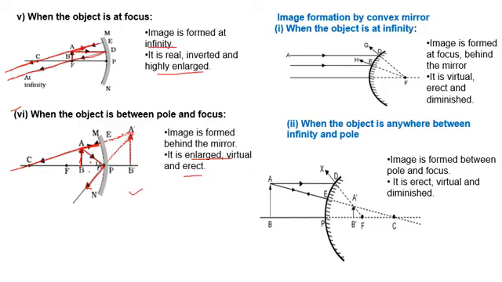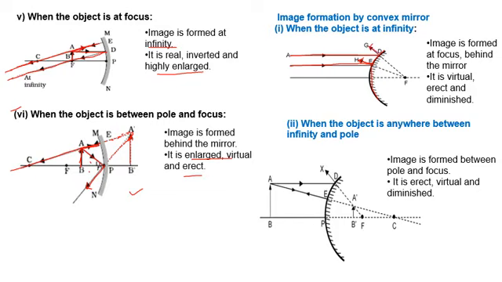Coming to the convex mirror, as we can see here, the first diagram of convex mirror, the rays are parallel. That means they are coming from infinity, right? They will definitely, after falling on the mirror, reflect back. As we can see, they are reflecting back.